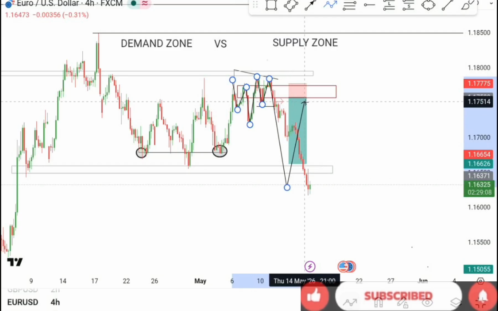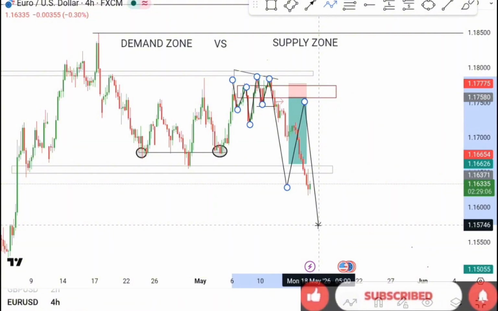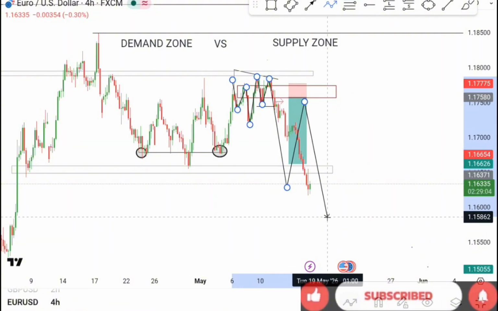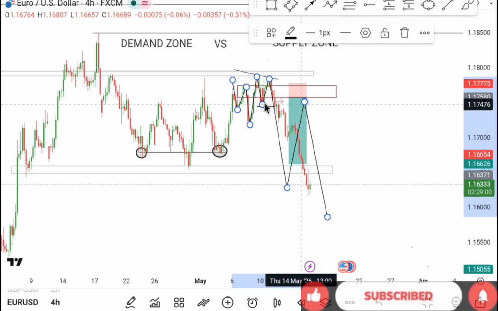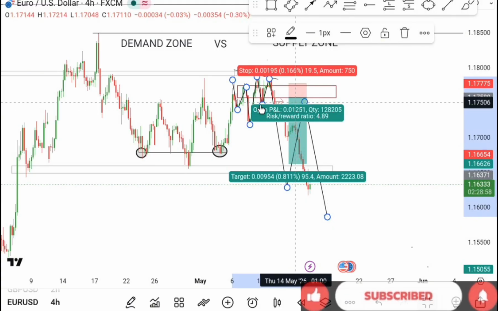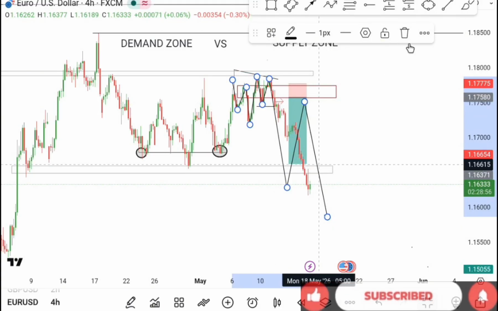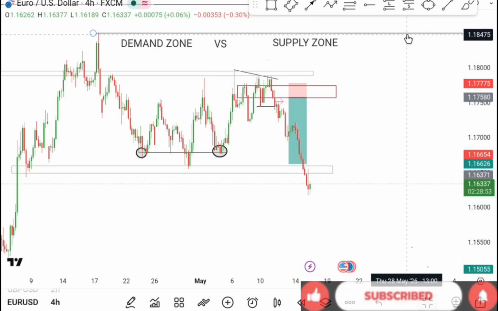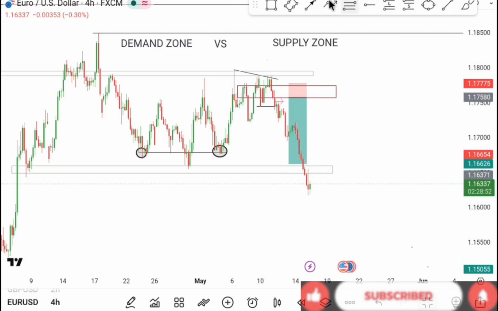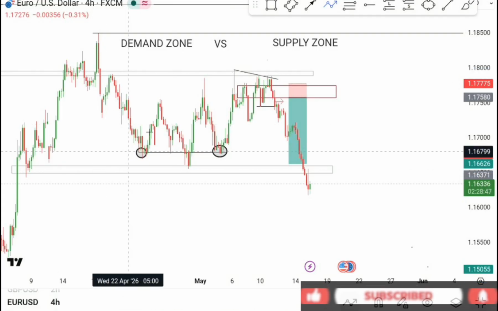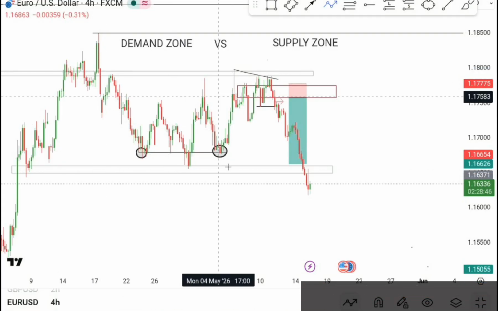When price returns to those areas, those sellers are still waiting to drop the market some more. The four most powerful zone patterns you will see are rally-based drop, drop-based rally, rally-based rally, and drop-based drop. Let me explain each one.